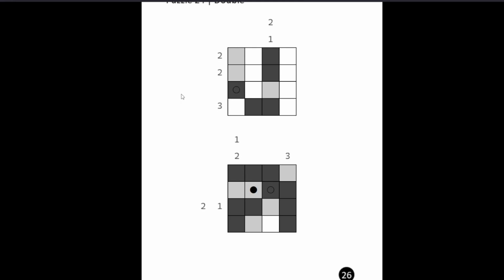This must be black, right? I'm pretty confident about that. Okay, what else can I deduce here? Not a whole lot, weirdly. So very early on, I have to think about the corner logic.